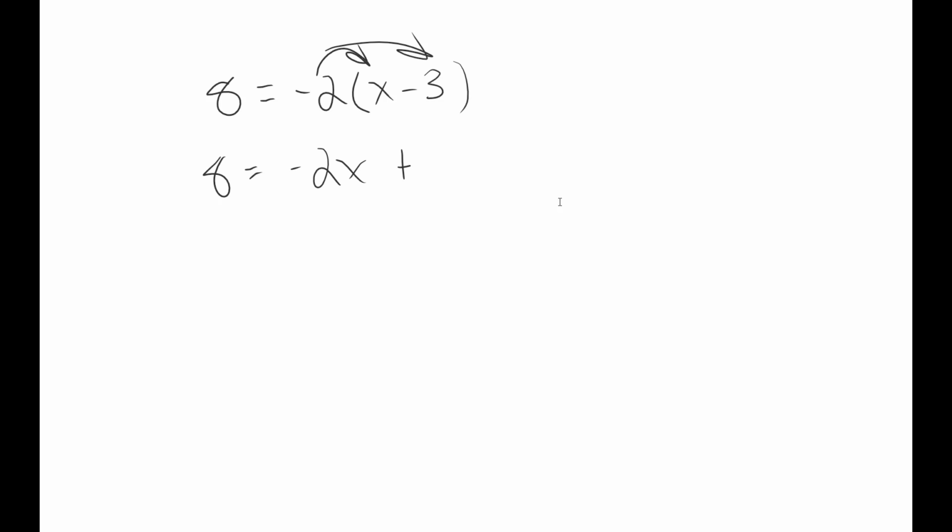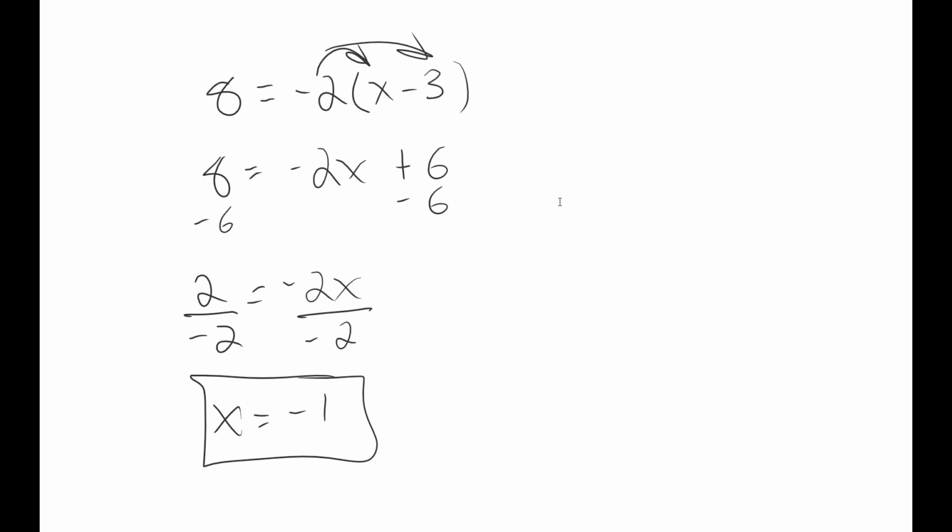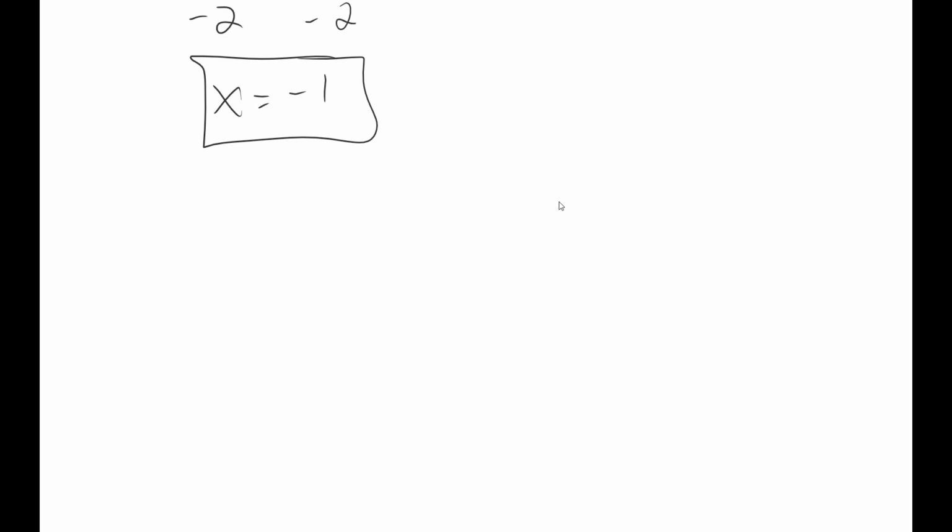So if we were to solve this problem correctly, we should have 8 is equal to -2 times x minus 3. If I distribute in the -2, I should get 8 is equal to -2x plus 6. I then would be subtracting 6 on both sides, which gives me 2 is equal to -2x. Divide by -2, and I get x is equal to -1. So this should have been my solution.